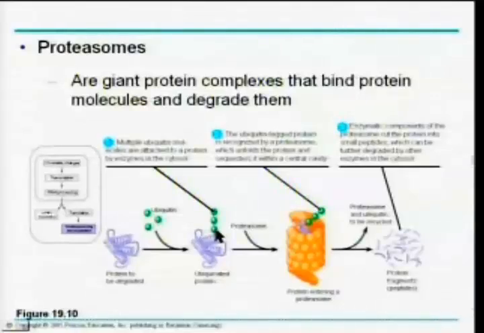So multiple ubiquitin molecules, I like saying that word, ubiquitinated molecules are attached to a protein by enzymes in the cytosol. And then a proteasome comes along. The ubiquitin-tagged protein is recognized by a proteasome which unfolds the protein and sequesters it within the central cavity.